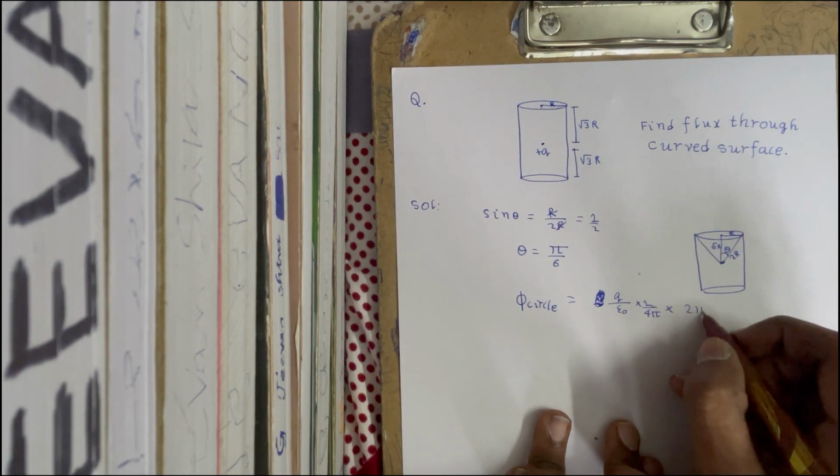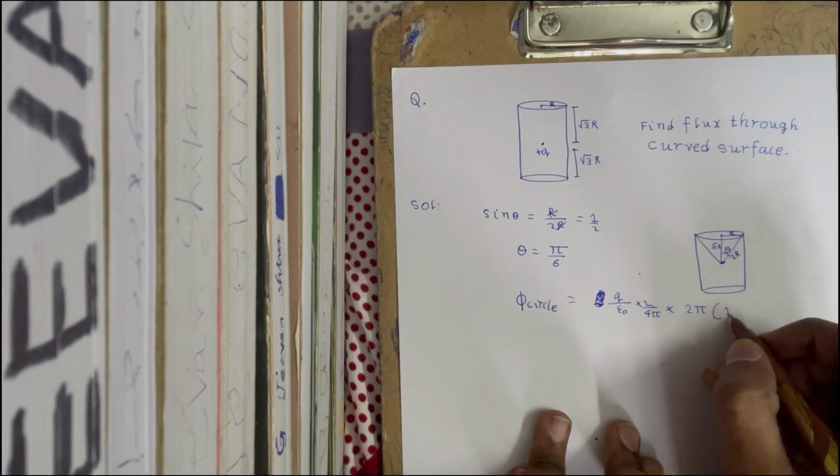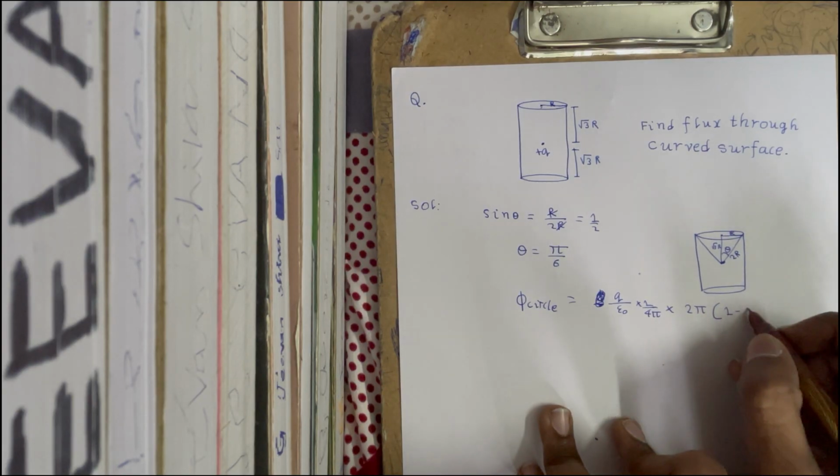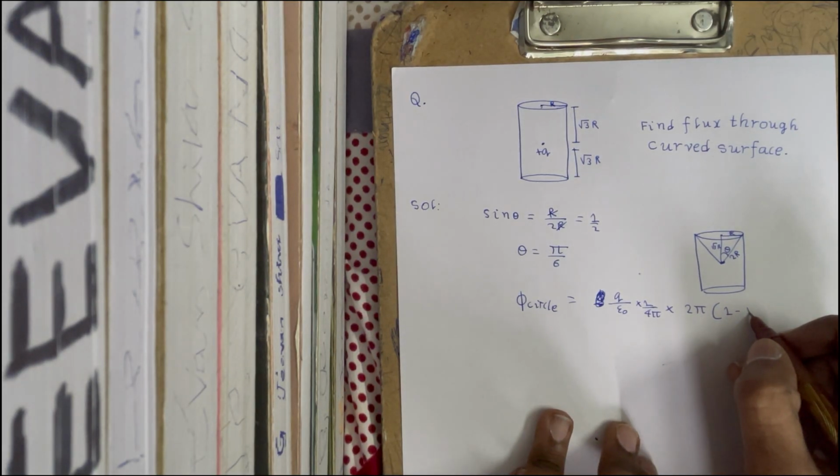So that is 2 pi of 1 minus cos theta, which is root 3 by 2.